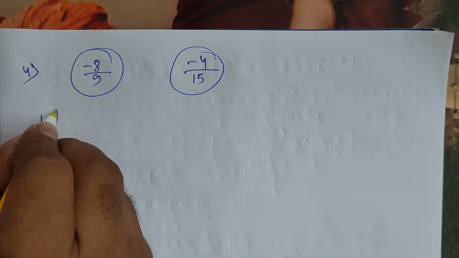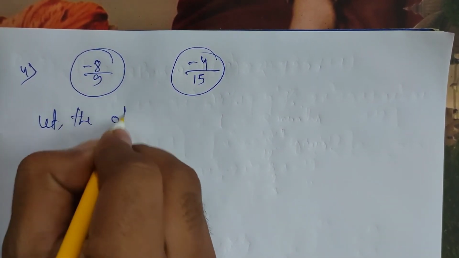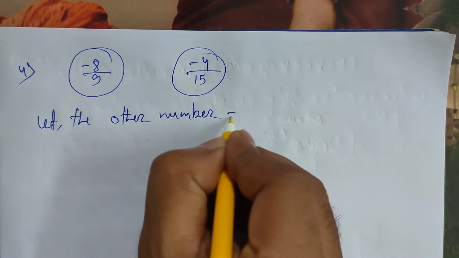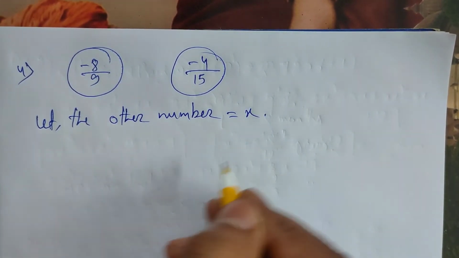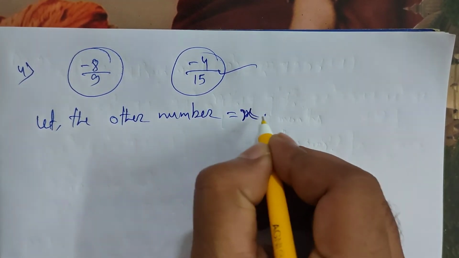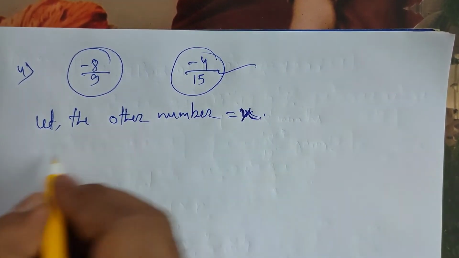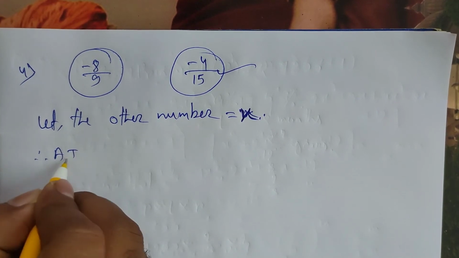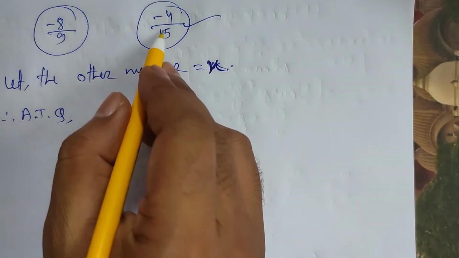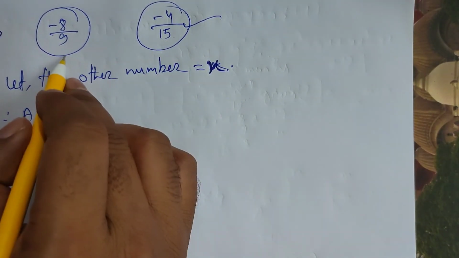Let the other number equal x. Therefore ATQ, according to question, if we multiply these two numbers, then you will get this number.